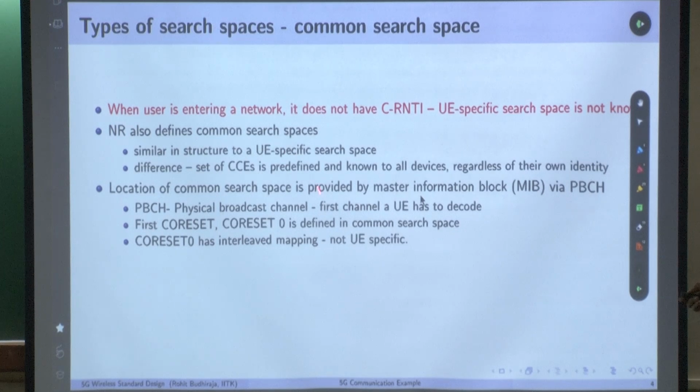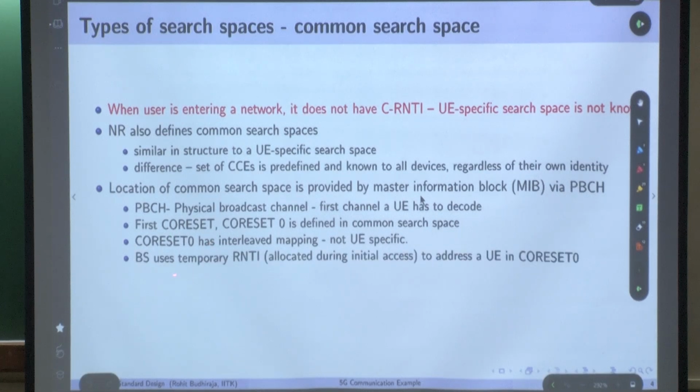So what are we trying to say? With interleaving, the channel at one part of the band is good, while another part of the band is, let's say, bad. So it does that interleaved mapping so all the users are able to decode it. Typically, interleaved mapping is used for CORESET 0, that is one.